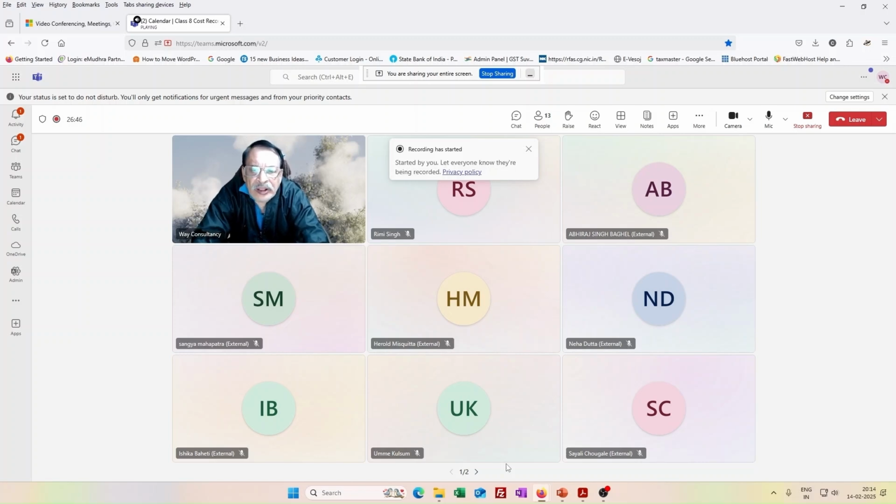One argument is there, all material is not raw material, but all raw material is material. Material cost has two parts. Number one part is direct material and number two is indirect material. What is indirect material?